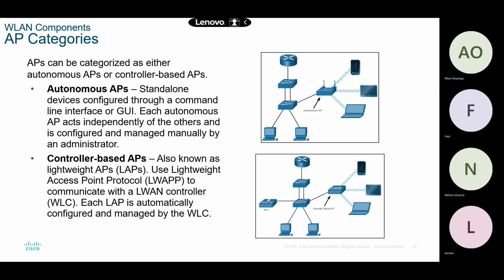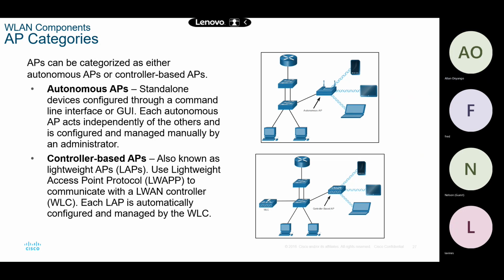And this is a very common one, mostly for small scale usage, like in offices or in our homes. But in big organizations, where there are so many access points, they will always want to manage the access points in one place. And so the gadget that is used to manage these access points is called the wireless LAN controller. Okay.